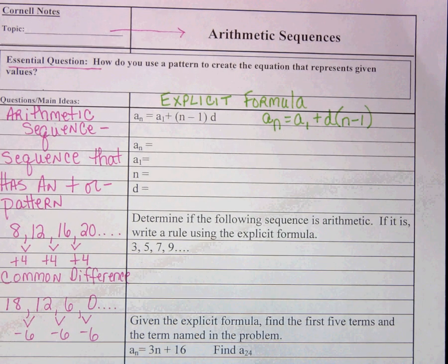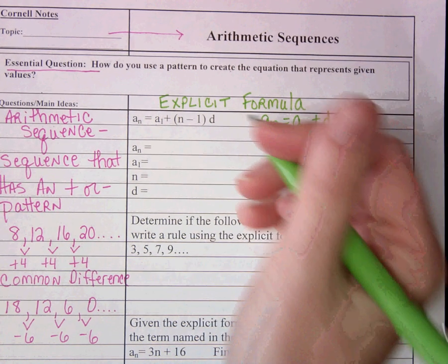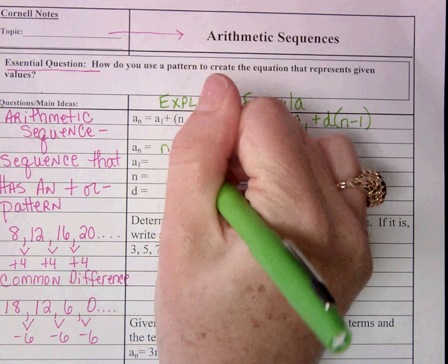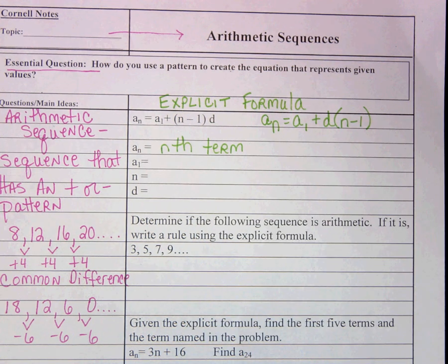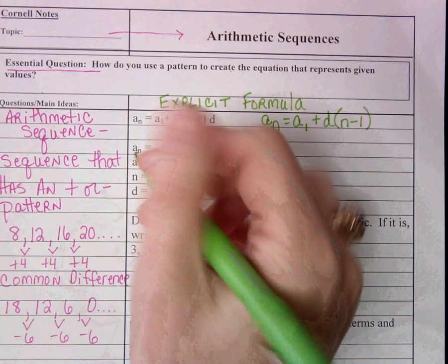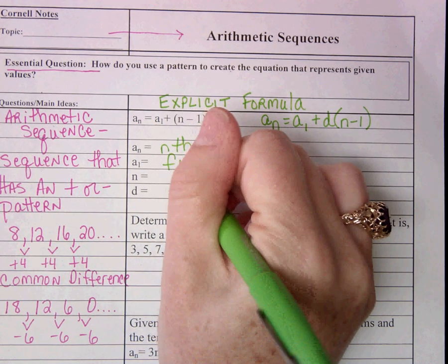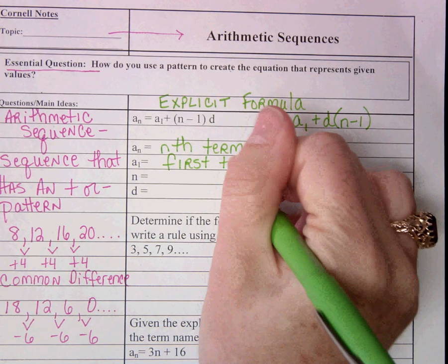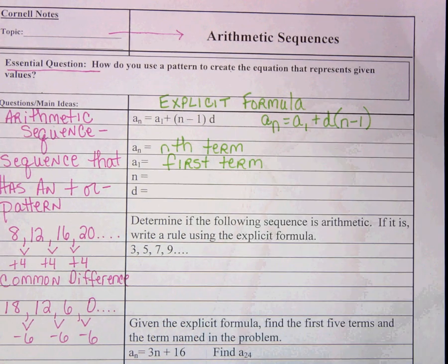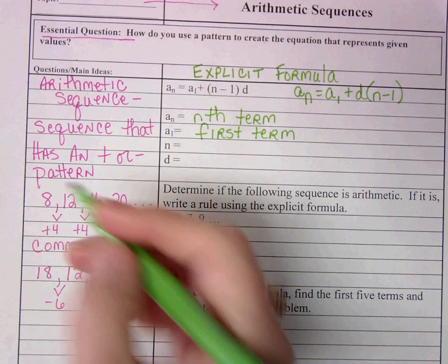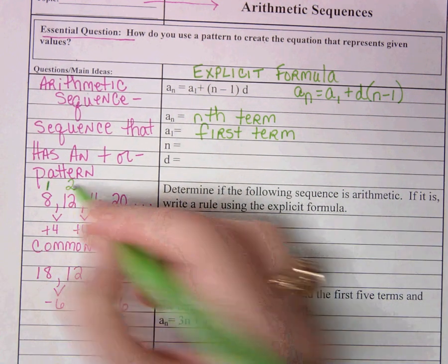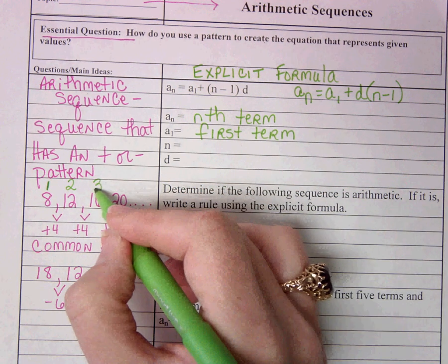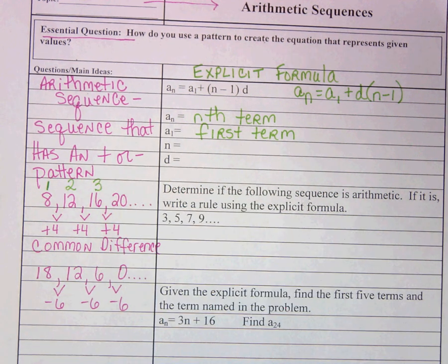You're probably thinking, what in the world do these things mean? A sub n represents the nth term. Any term that I'm looking for, any term in the sequence is what's represented by a sub n. A sub 1 represents the first term in the sequence. So if we look at the 2 sequences that we had, 8 is the first term, 12 is the second term, 16 is the third term, and so forth.